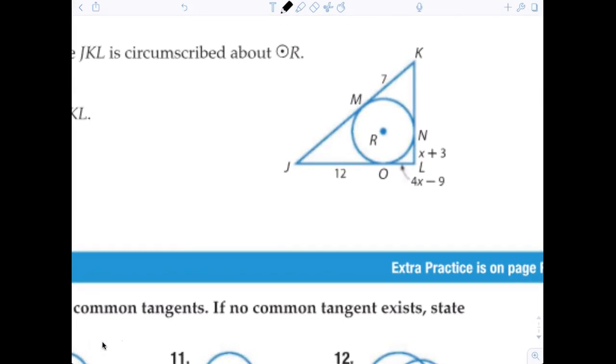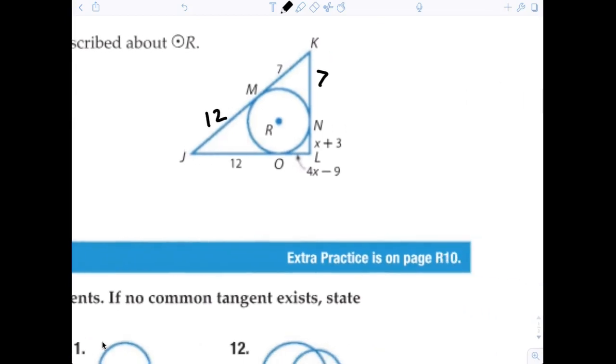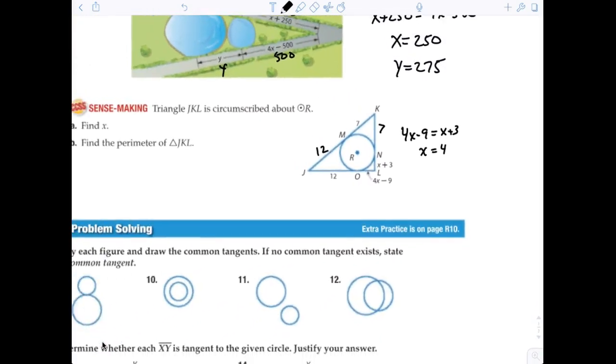All right, MJ would be how much? 12. And then the only thing left to do is to set 4x minus 9 equal to x plus 3. And of course, x equals what? 4. X equals 4.